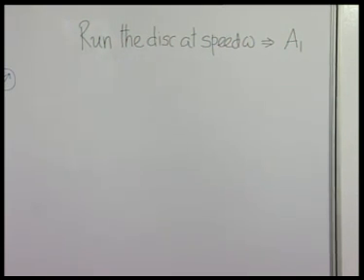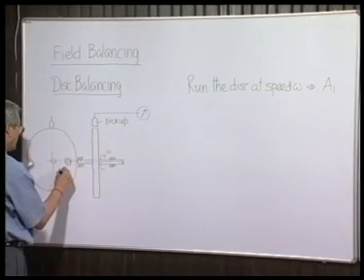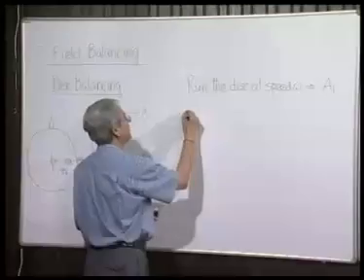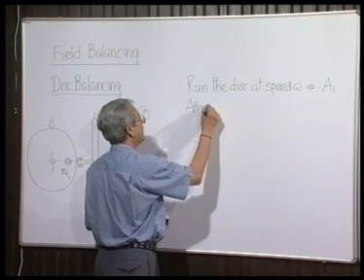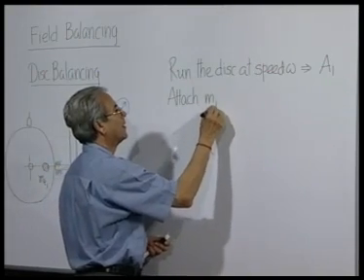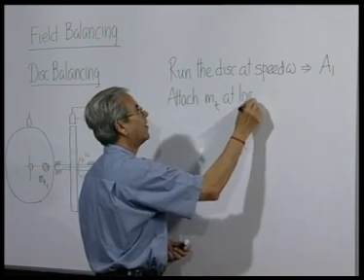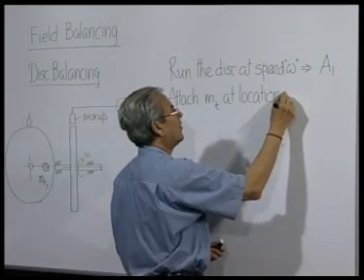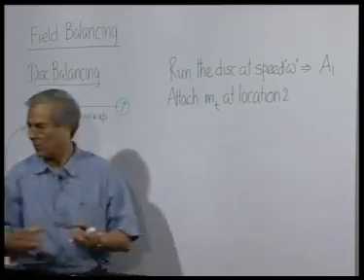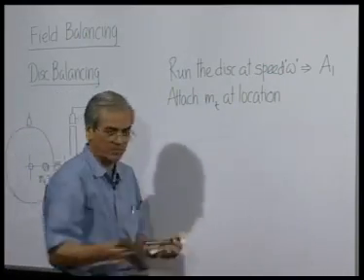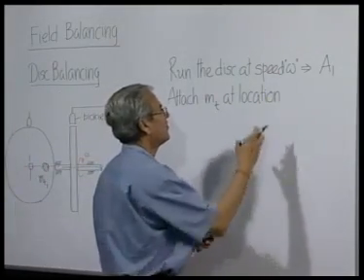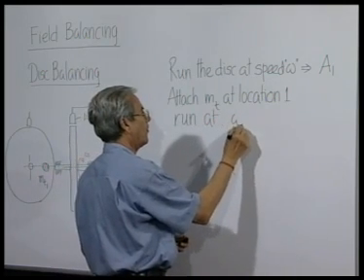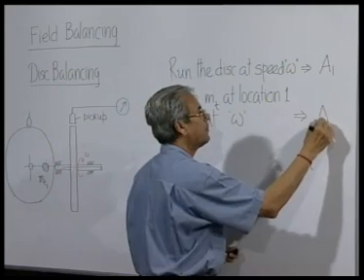We attach a trial mass at any suitable location and run the system at the same speed. Then this will give a vibration amplitude A2.